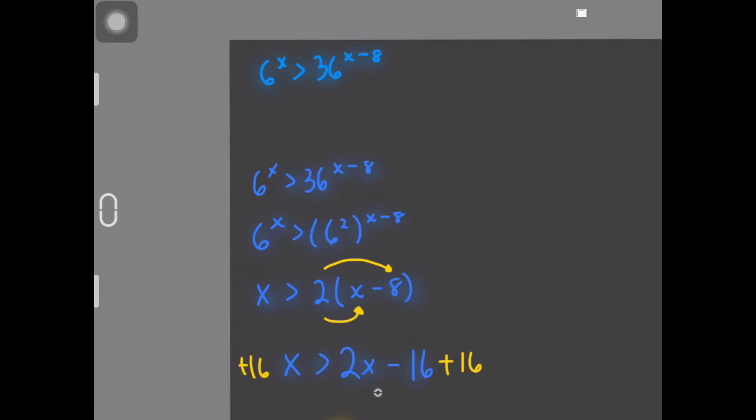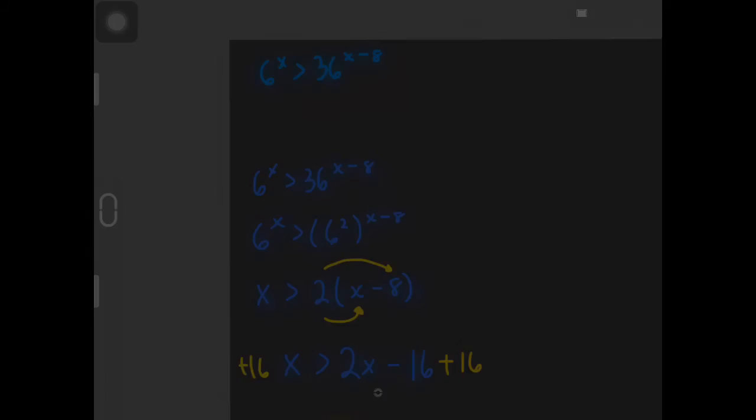Since 6 is greater than 1, we will do the same thing as the first example. We will bring down the exponents, then we will copy the symbol, which in this case is the lesser than symbol. And then to make both sides constant, we will put positive 16 on both sides to eliminate the negative 16.